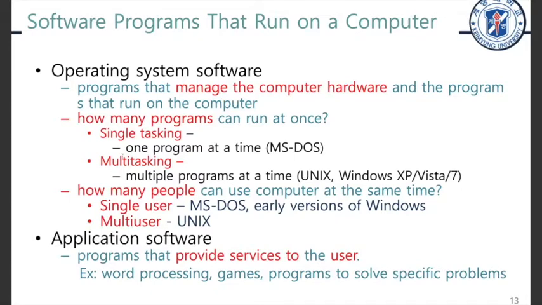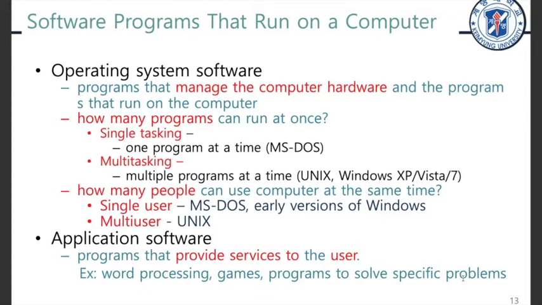The task of the operating system, as I've already said, is just to manage how the hardware operates. But application software provides service to the user. Application software can be word processing, games, and programs to solve specific problems such as calculators and other things.